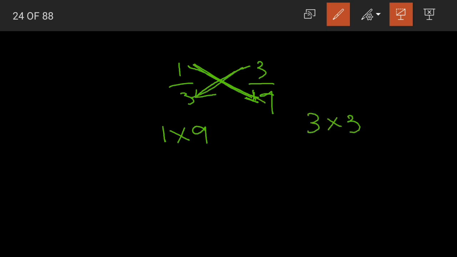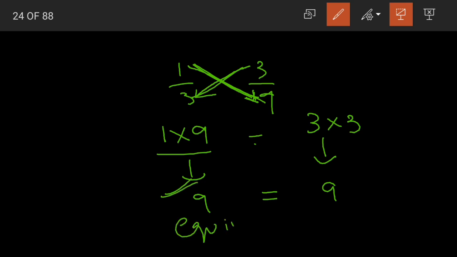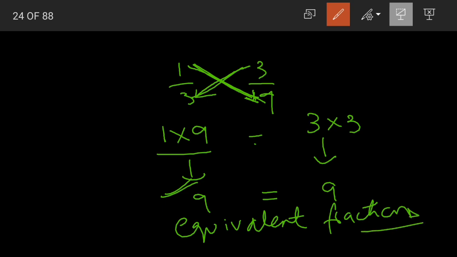See, cross multiplying. 1 into 9 is equal to 9 and 3 into 3 is also equal to 9. Now both the products are equal, right? Yes, as both the products are equal, we can say that the given fractions are equivalent fractions.